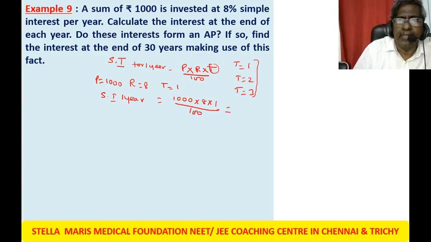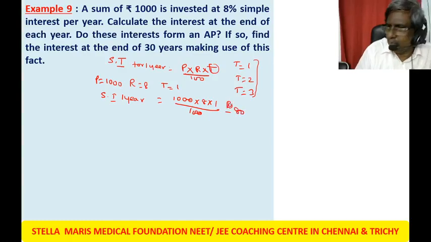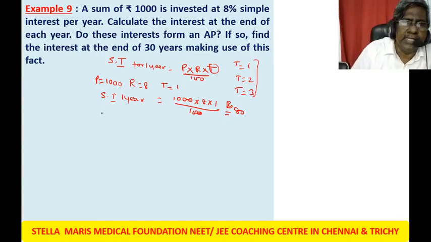Clear? Now these two zeros will go. 10 into 8 into 1 will be 80. So for 1 year, you get the interest as 80.